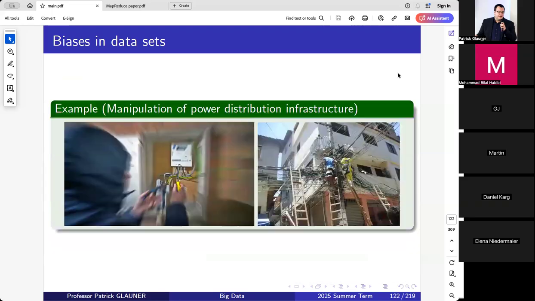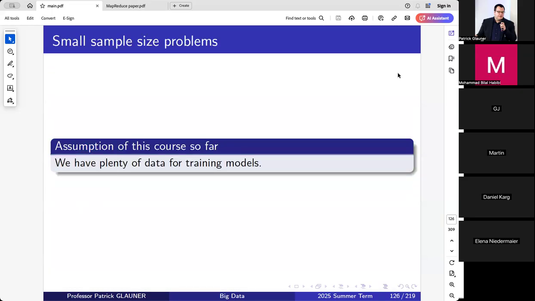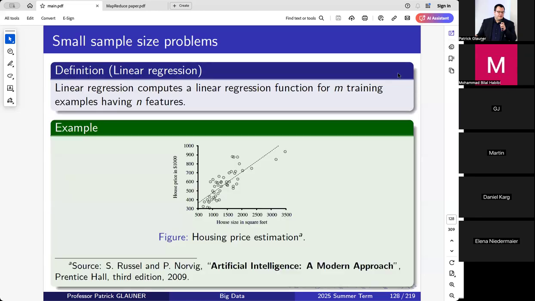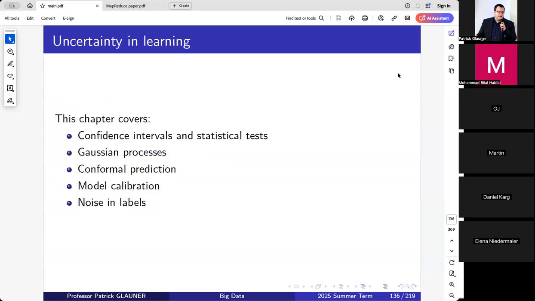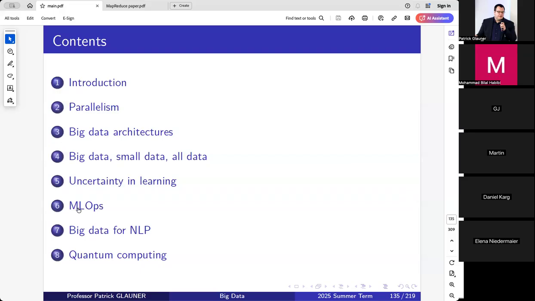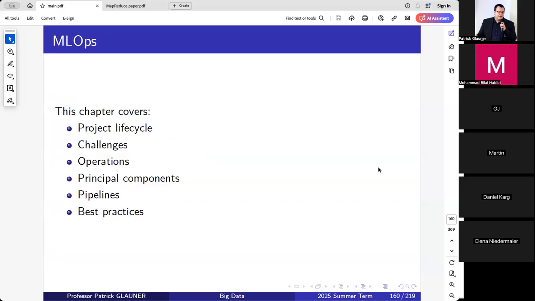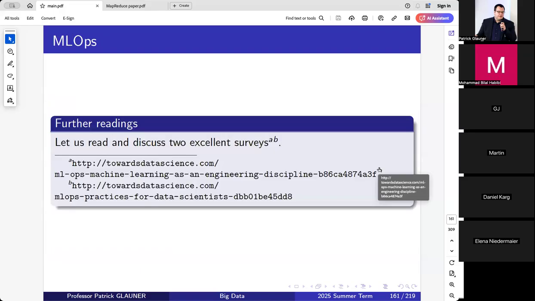But before we stop, and I quickly skip through this, you will have one quick task for next week. There is the MLOps chapter. The MLOps chapter is actually very short because it contains 2 references to very good blogs and surveys of what MLOps is.